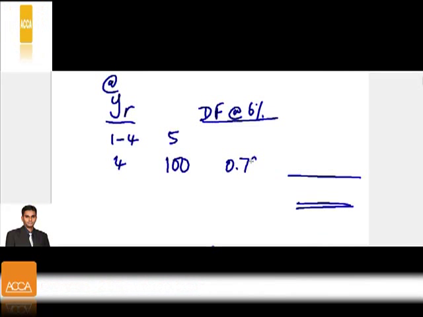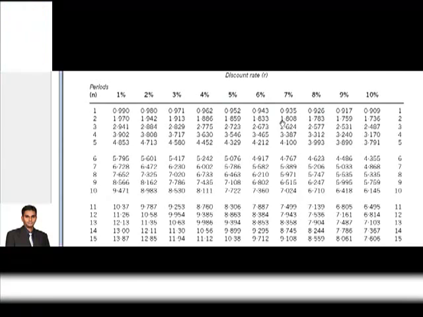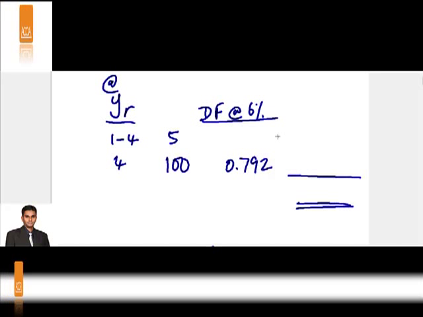At 6%, the discount factor for year 4 is 0.792, and the annuity factor at 6% for 4 years is 3.465.